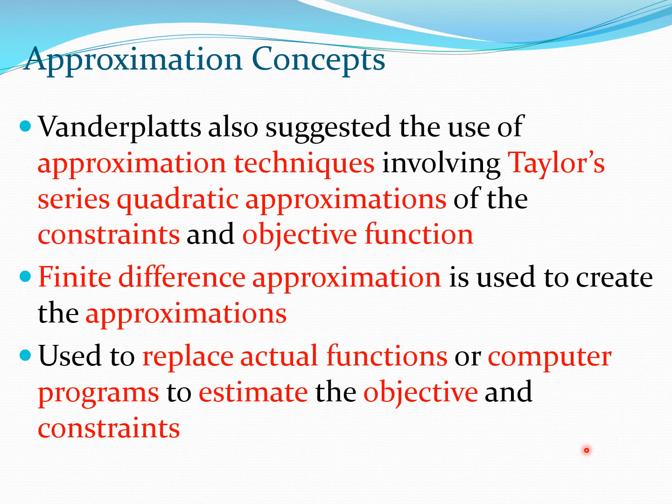If you extend these concepts, you could take any function coming out of a computer code and create Taylor series expansions. Typically quadratic expansions would be quite good, and then you could replace the actual functions or computer programs with these functional representations.